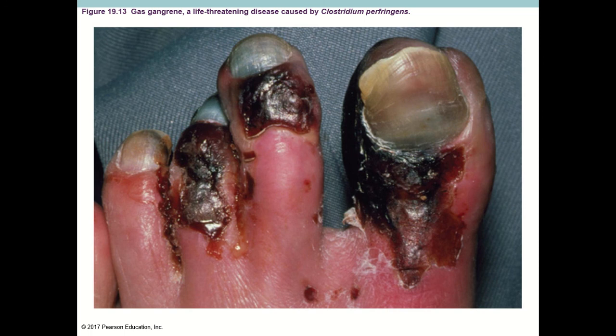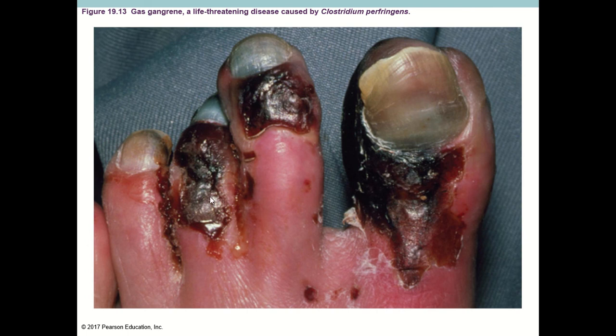So in treating, for example, gas gangrene, what you would need to do is remove all of this dead tissue right there, and then hope that the bacterium hasn't made it into the nerves. Because if they do, they can cause all sorts of issues with the movement of the body parts.